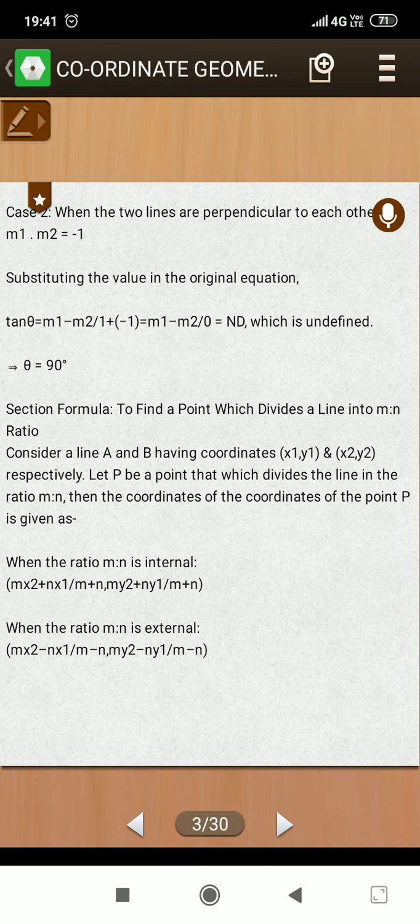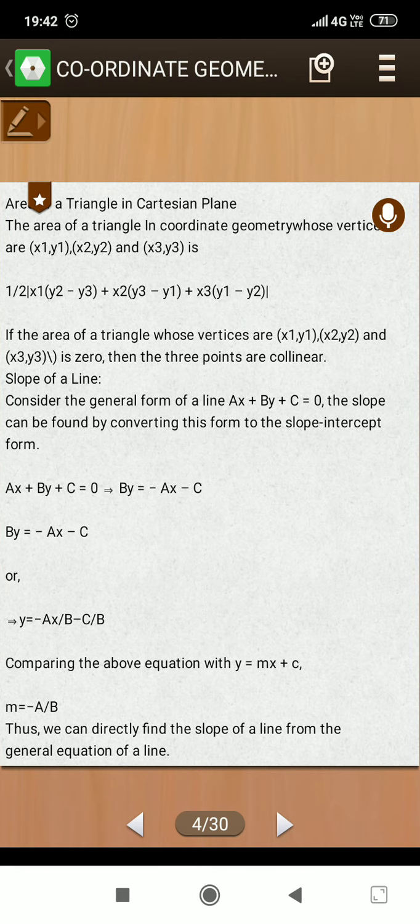That is the converse formula for this. If you equate (mx2 plus nx1) by (m plus n) to x, then you will get the m by n ratio. That is the answer. And here we are going to discuss the next topic.